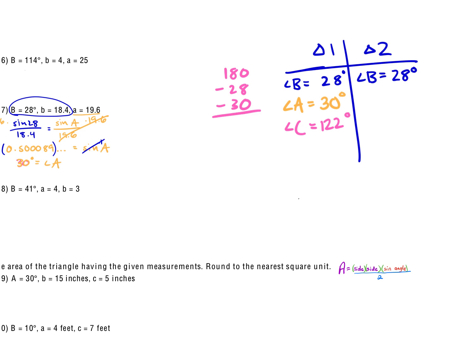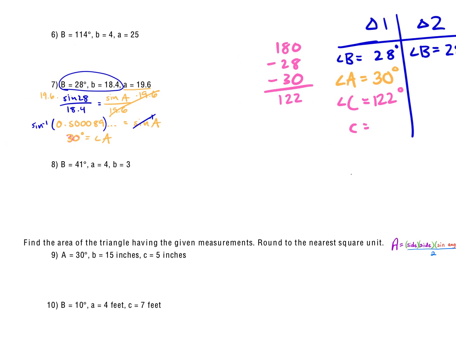What would we do to find side C? Use the B's. We were given our proportion with B's, so we're going to use that. Sine of 28 over 18.4 is equal to, since we're looking for side C, sine of 122 over C. We cross multiply.